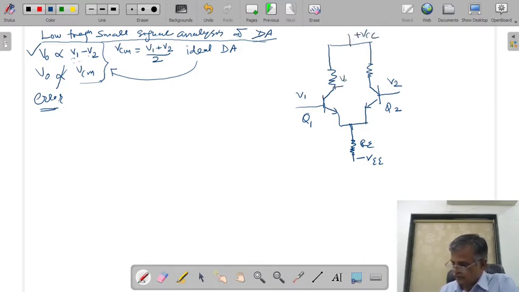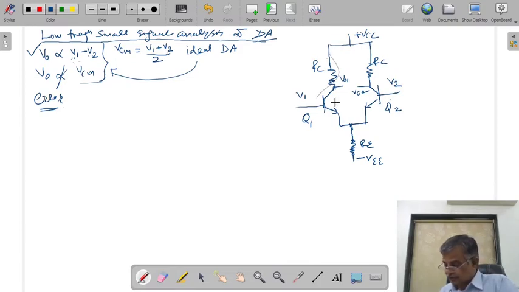This is your VO1, VO2, this is RC, this is RC. Look here. Why such kind of error? There are so many different reasons for error, but I am telling you that due to common mode signals, error is produced.